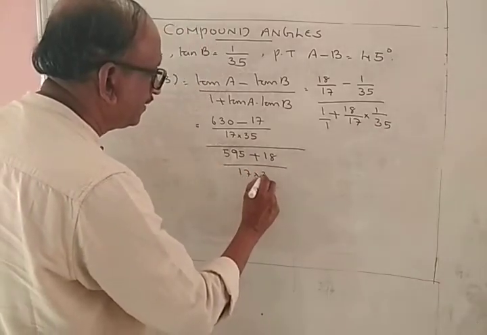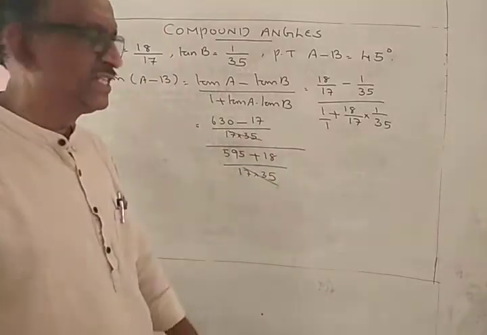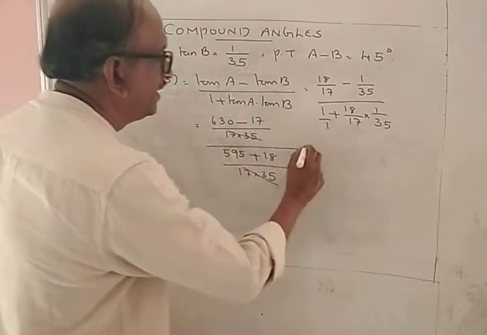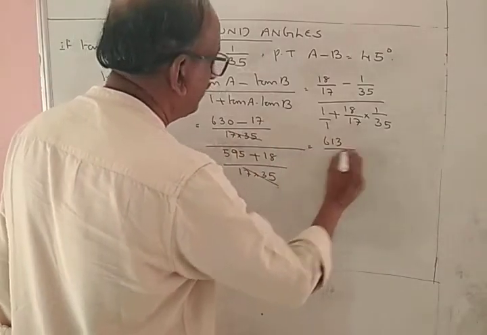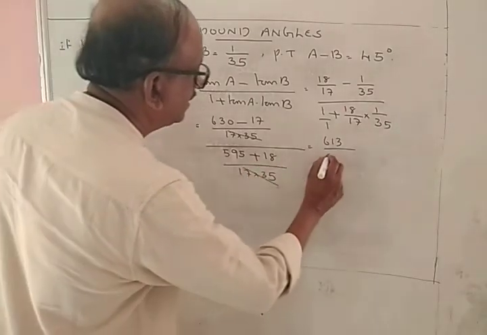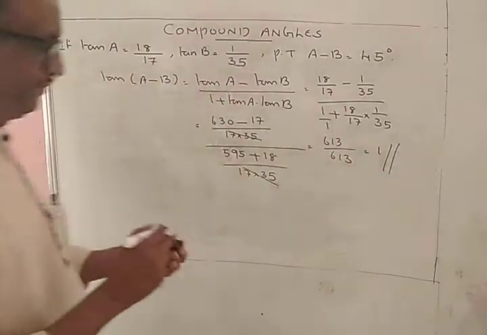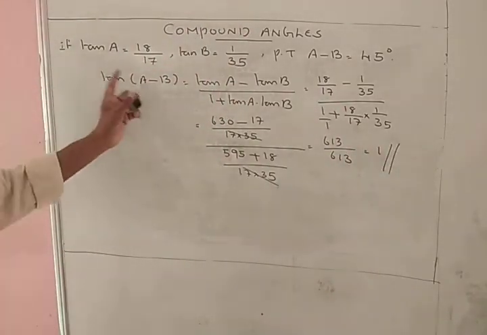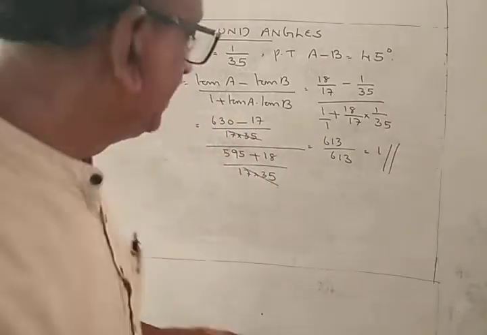Here 17 into 35 got cancelled. 630 minus 17, 613, divided by 595 plus 18, 613, is equal to 1. Therefore, tan A minus B is equal to 1. Therefore, A minus B is 45 degree.